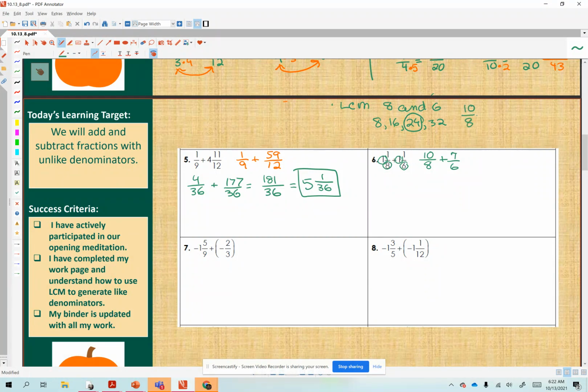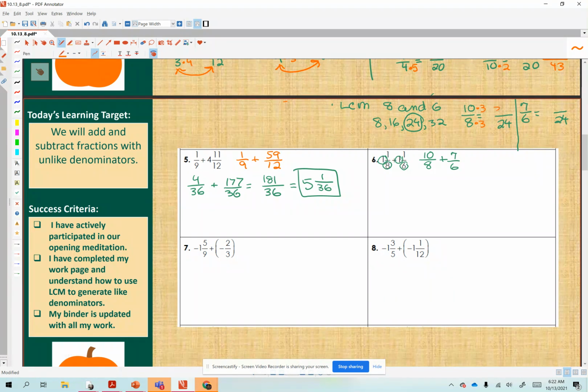So 10 over 8 converted to denominator 24, and 7 over 6 converted to a denominator of 24. So we know that 8 times 3 is 24.